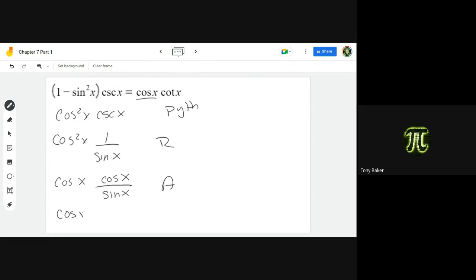And then I have cosine x, cotangent x, and that's a quotient step. Remember, cosine squared is just cosine times cosine, right? Yeah. So I have cosine times cosine. So the first, because I want a cosine, and then I need a cotangent, which is this cosine over sine.